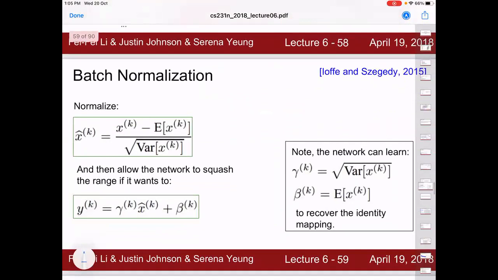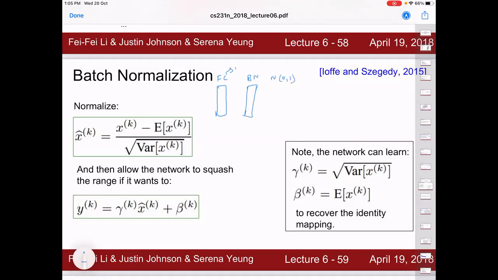The other advantage, or other version, of batch normalization is this: why should we map through the batch normalization layer, after the fully connected layer, to 0 comma 1?